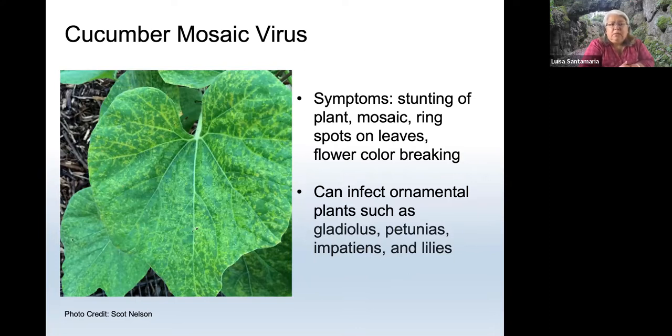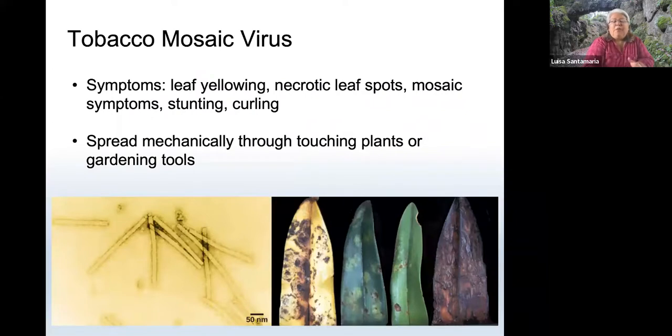Cucumber mosaic virus affects cucumbers, of course, but we can also find it in ornamental plants such as gladiolus, petunias, impatiens, and lilies. Tobacco mosaic virus, that is a nice virus, right? It affects many crops, and the main symptoms are leaf yellowing, necrotic leaf spots, mosaic symptoms, stunting, and curling.